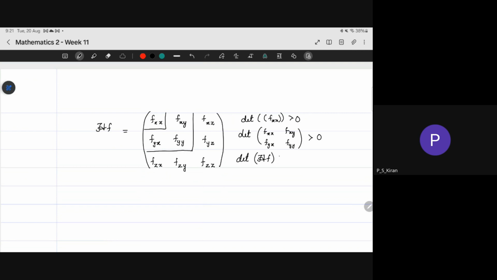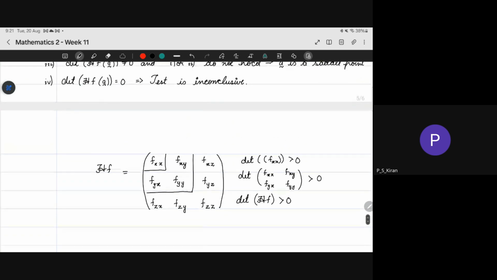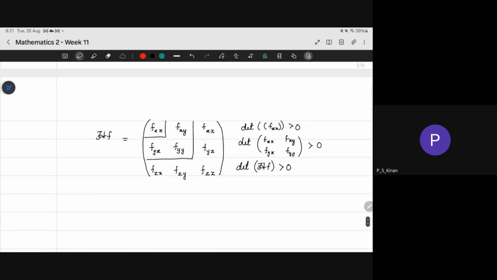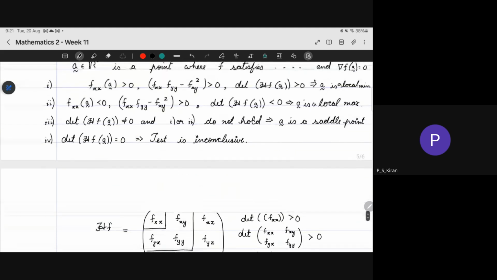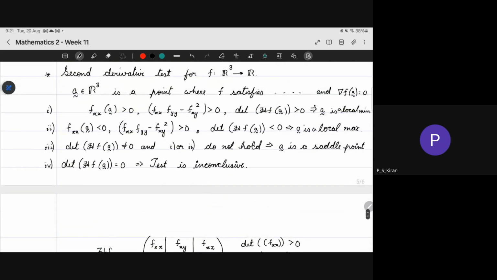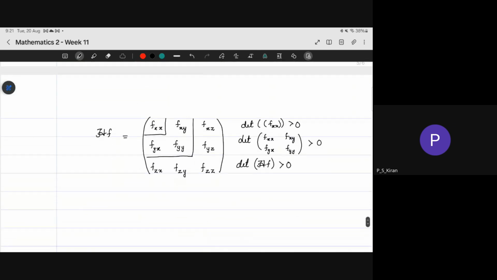I'm leaving out the 'at the point', but you have to evaluate it at a particular critical point. So you take this 1 cross 1, then this 2 cross 2, and then the whole 3 cross 3. If all of these have positive determinants, then it is a local minimum.